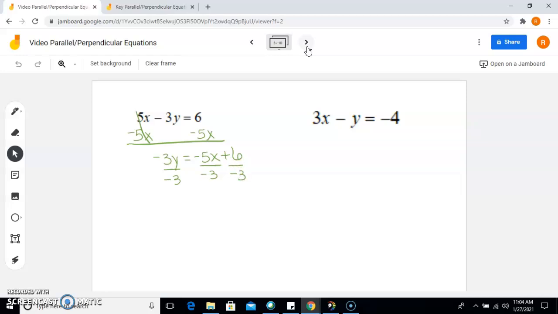And I'll be left with y equals negative 5 over negative 3, which simplifies to positive 5/3 x minus 2. Now the slope of my line is 5/3. That's our original line. So if I was talking about a parallel line, the slope would be the same, 5/3.